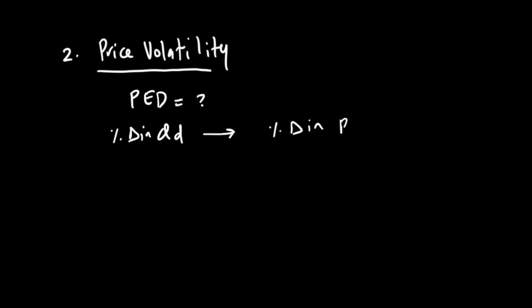And from that, for example, I can find out my profits as well. So one of the main important roles that PED provides us is that if we know our PED, and if we know that the quantity is changing by 10%, I can know how much my price will change in order to know my ultimate revenue and therefore profits.